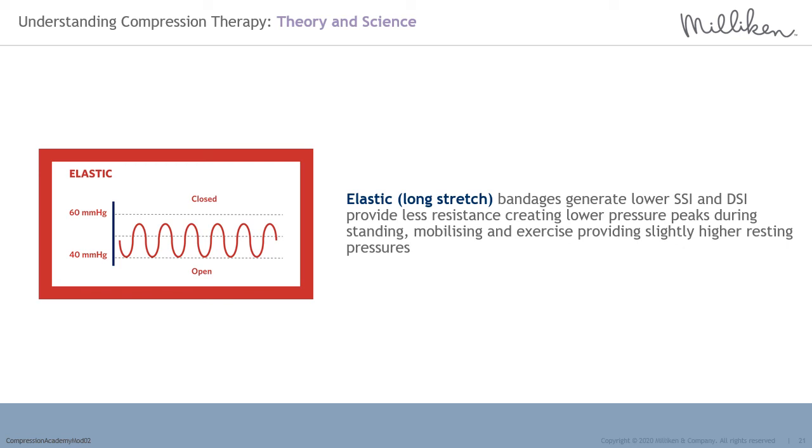The diagram shows a resting pressure of 40 millimeters of mercury pressure, with peak pressures reaching 50 to 52 millimeters of mercury pressure. These pressures appear dampened in comparison to the previously seen short stretch in elastic pressure profiles and will not deliver comparable dynamic squeeze and release to the venous system structures.